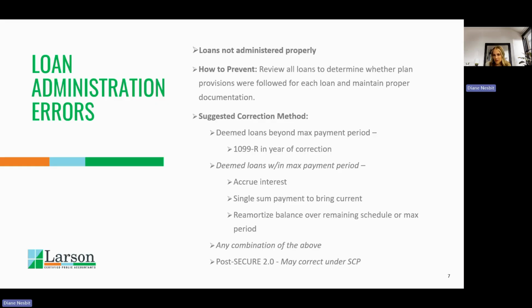Deemed loans within the max payment period, meaning that it was appropriately treated as a deemed distribution: you need to accrue interest. You need to do a single sum payment to bring the loan current, or re-amortize the balance over the remaining schedule or max period. It could be a combination of the above. And just a reminder that post Secure 2.0, there is an option to correct certain loan administration errors under the self-correction program.